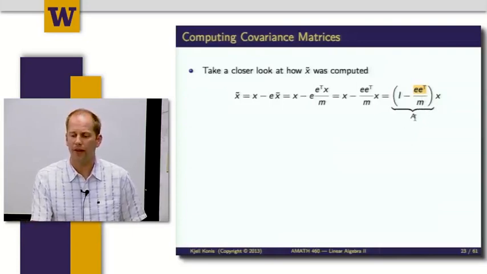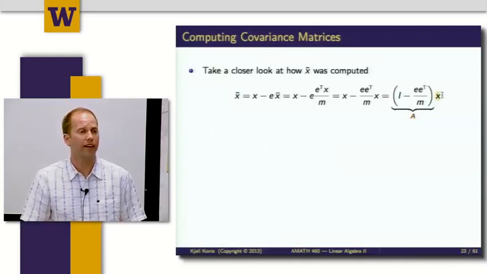Now think about the identity matrix minus E E transpose over m as A, so I can write x tilde as a matrix A times x. I'm designing this matrix A to subtract the mean from my vector x.